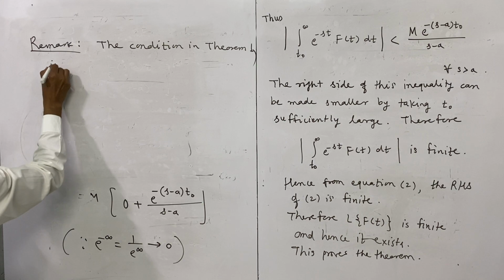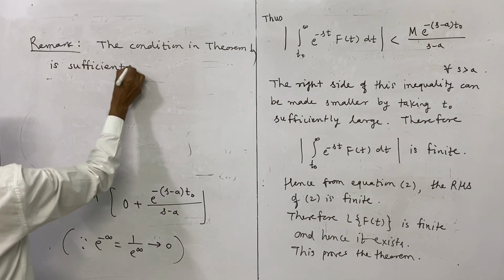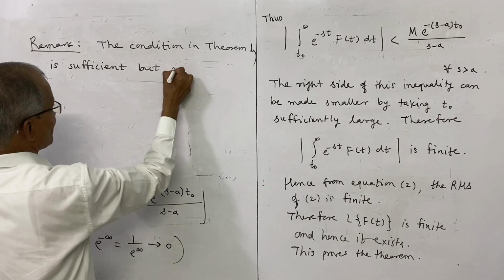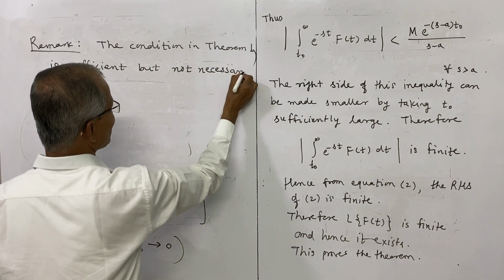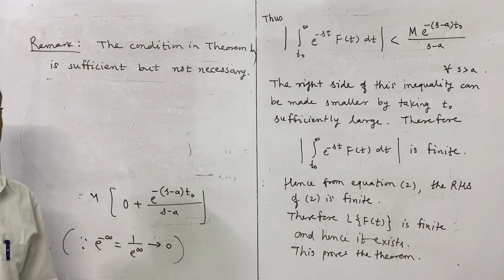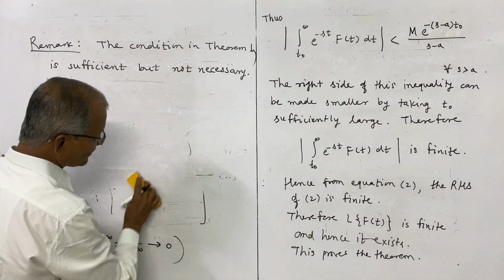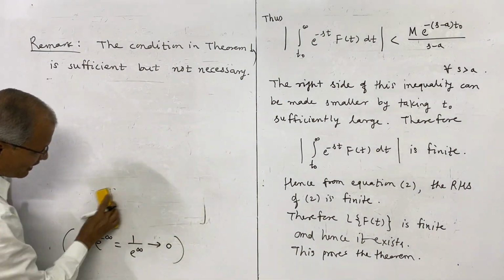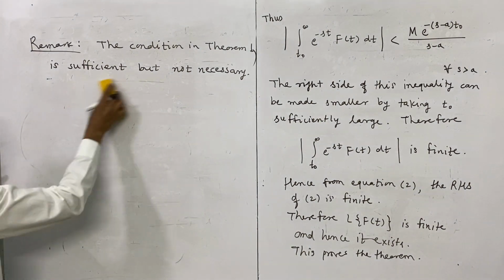Sufficient but not necessary. So what is the meaning of this? Without satisfying the condition, the Laplace transform may exist. Sufficient condition means that if it is a function of class A, then certainly the Laplace transform exists.